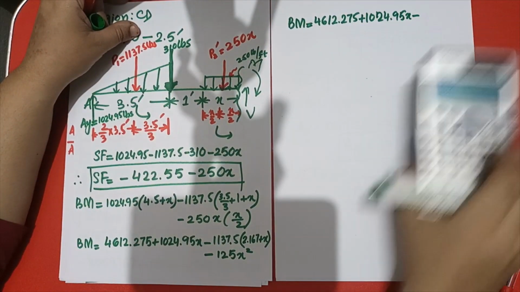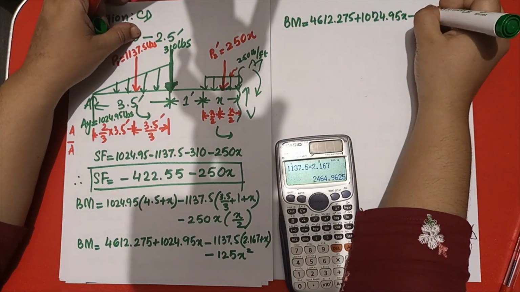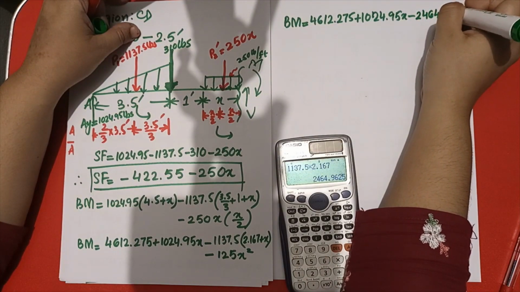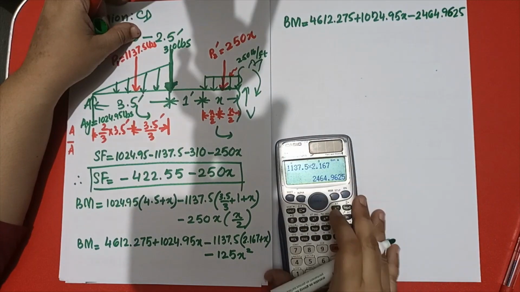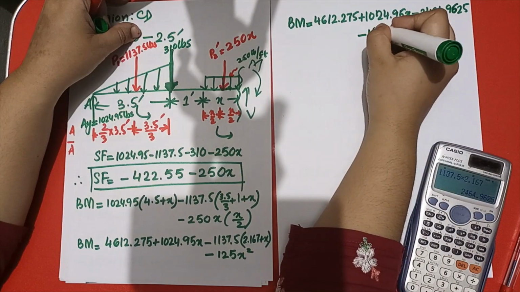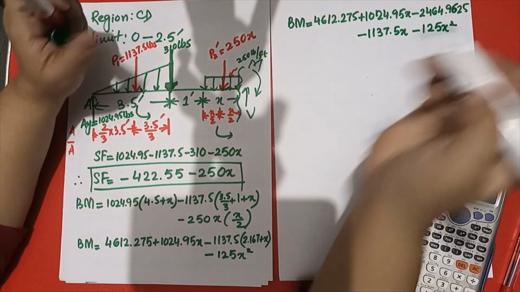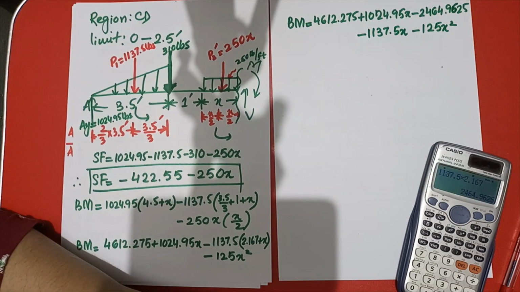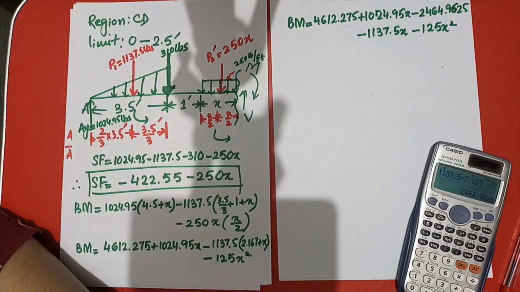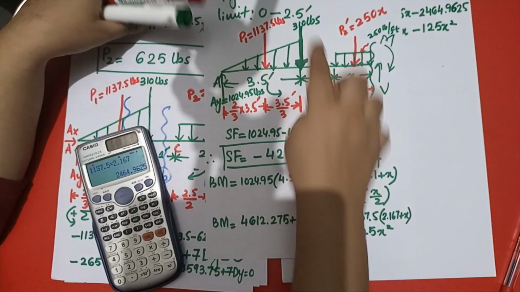So minus 1137.5 multiplied by 2.167, 2464.9625, and there will be minus 1137.5x minus 125x square. Now what we have to do, we have to simplify it. And how can we simplify it? So let's have a check. And we have missed one force here, and you guys didn't tell me what the 310 pounds is.